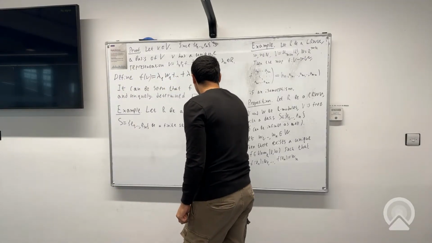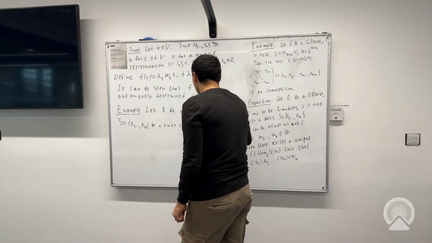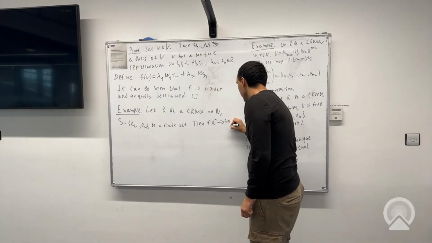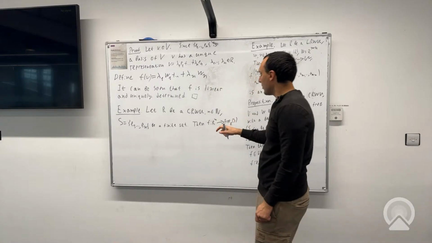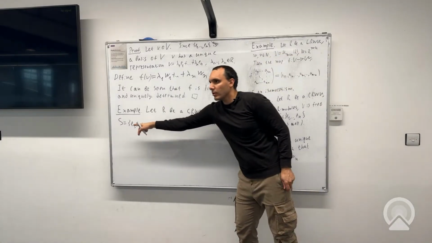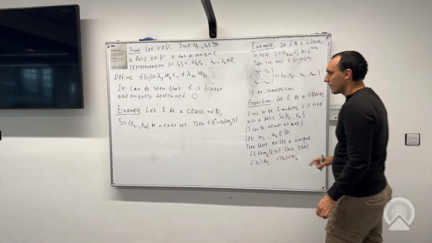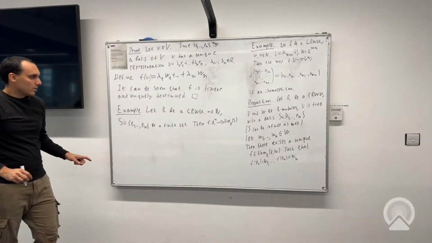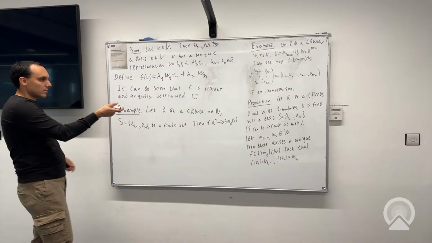Then the map F from R^n to the free vector space, the free module, sorry. So remember, the free module is the set of all formal linear combinations. So we define this in that way.